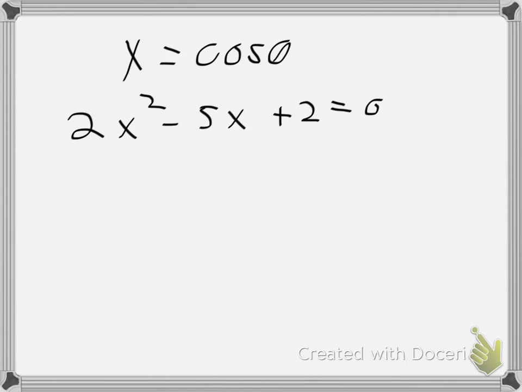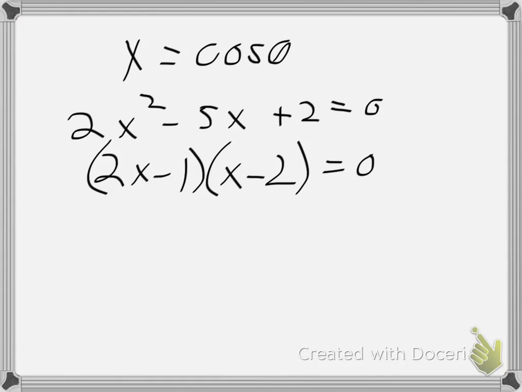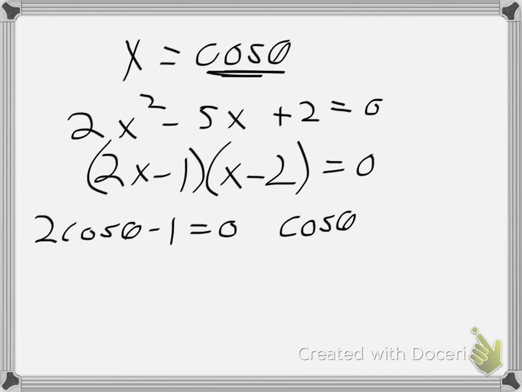If we were to factor, we'd have 2x minus 1 and x minus 2 equals 0. So, resubstituting again, this is now 2 cosine of theta minus 1 equals 0, and cosine of theta minus 2 equals 0.